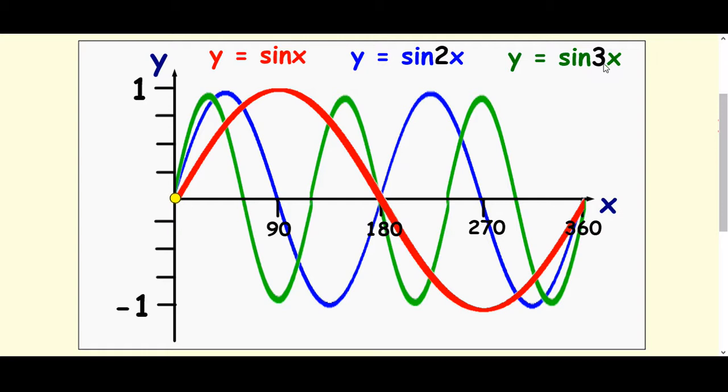If you've got sine 3x, then you've got 1, 2, 3 waves in 360. So this number is really telling us how many waves we've got in 360 degrees. You can also use it to find the period. If you take 360 and divide it by 2, you'll get when one wave finishes, which is 180. If you take 360 and divide it by 3, you'll get when one wave finishes, which is 120 degrees.